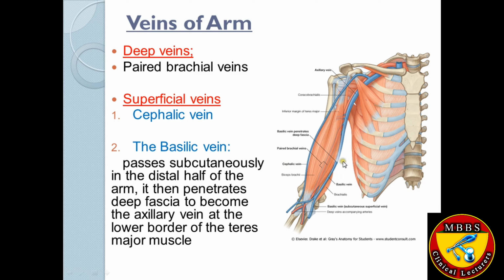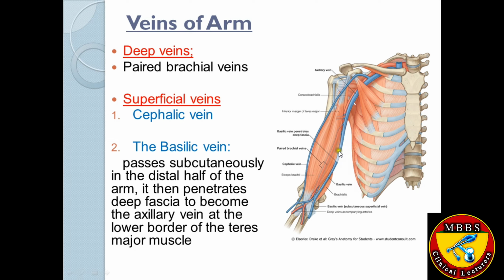Now the basilic vein runs subcutaneously in the distal half of the arm. It then penetrates the deep fascia and becomes deep, entering into the arm.